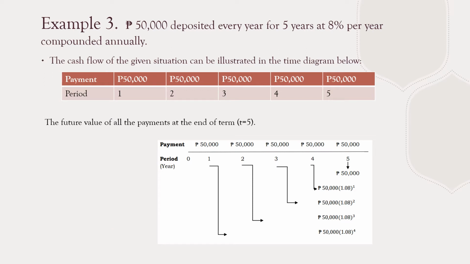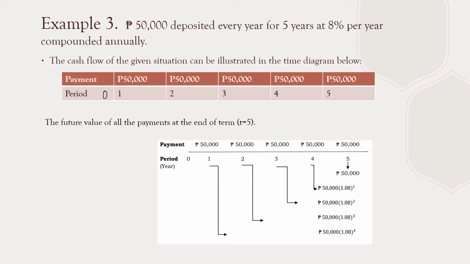Dito ang 0, wala pa naman. On the first year, magdi-deposit siya ng 50,000 based on the given situation. Second year, 50,000. Third year, 50,000. Fourth year is also 50,000, and on the last year, he will deposit 50,000.